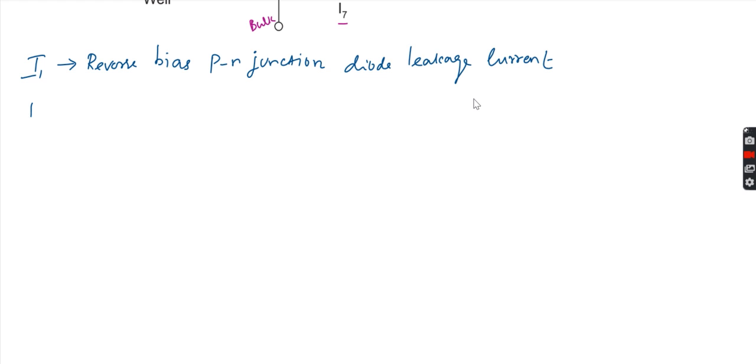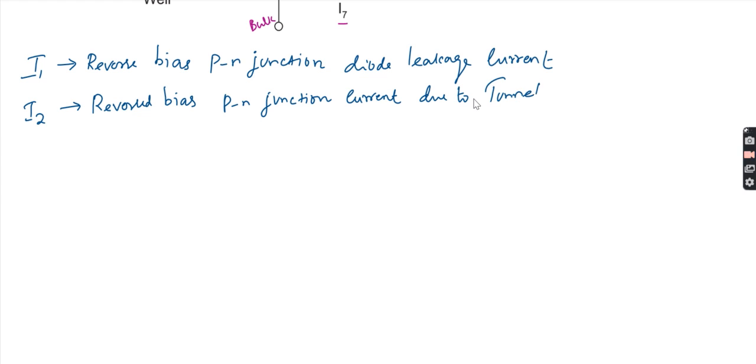I1. Next, I2. The I2 is the reversed bias PN junction current, PN junction current due to tunneling of electrons.